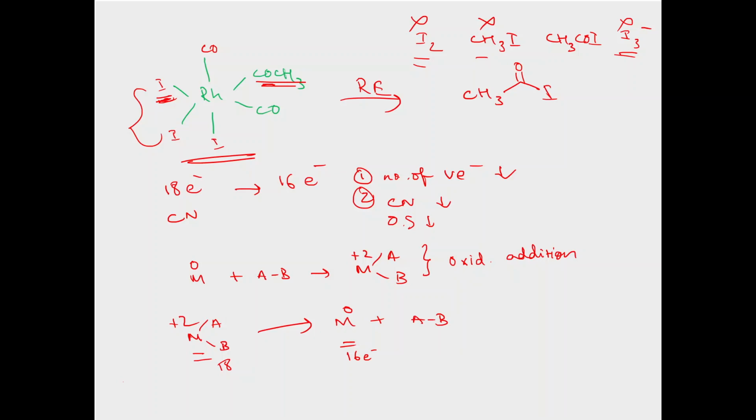Actually, I too don't know the exact reason for this. If you compare the bond distance or bond strength, the Rh-carbonyl bond strength is more than the Rh-I bond. Here the Rh-carbonyl bond has a partial double bond character, but not the Rh-I bond.